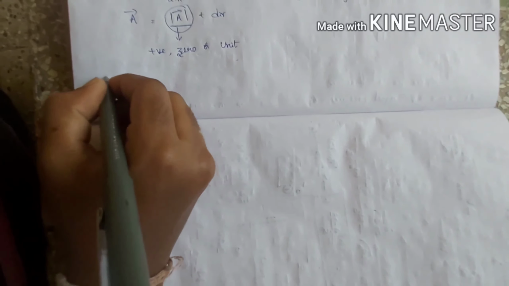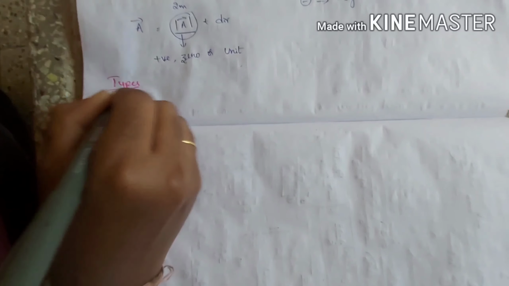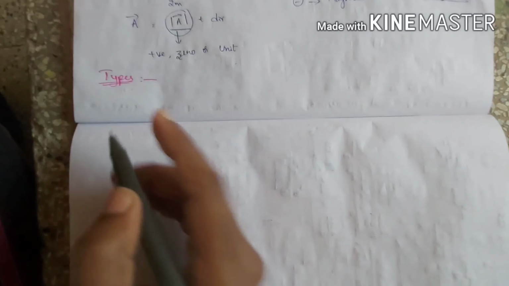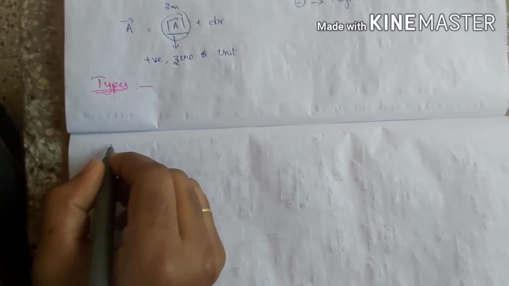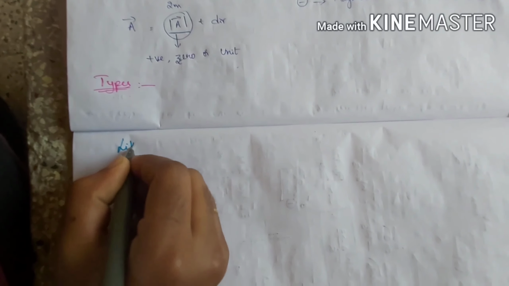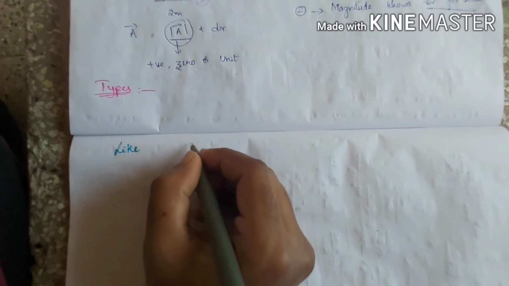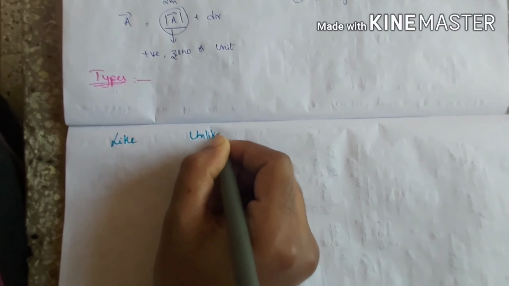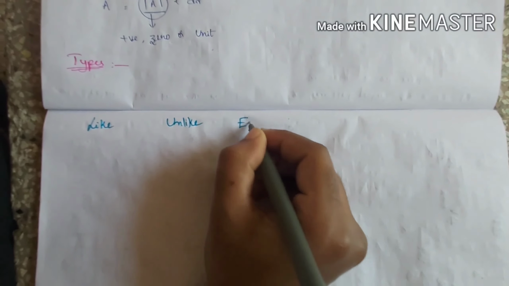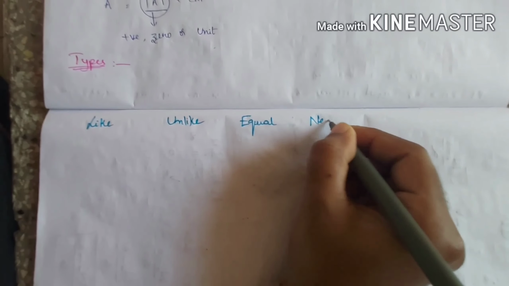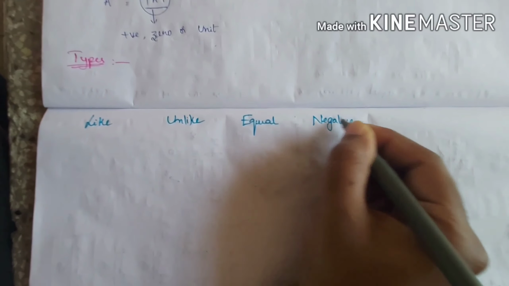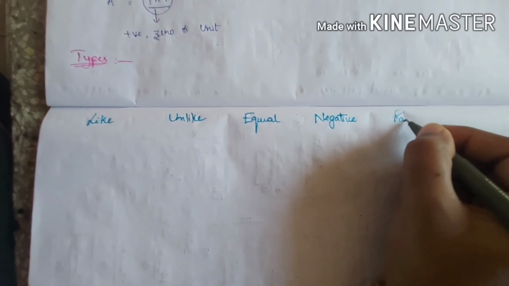Let's see the types of vectors. Types. So let me name them. You have like vectors, unlike vectors, equal, negative, parallel vectors.